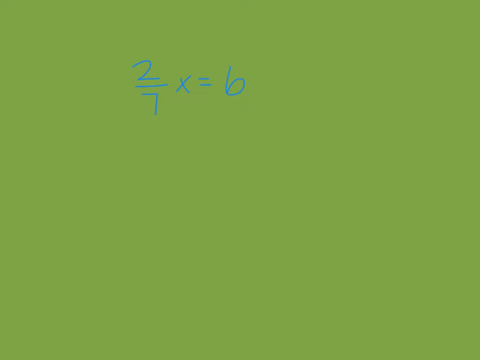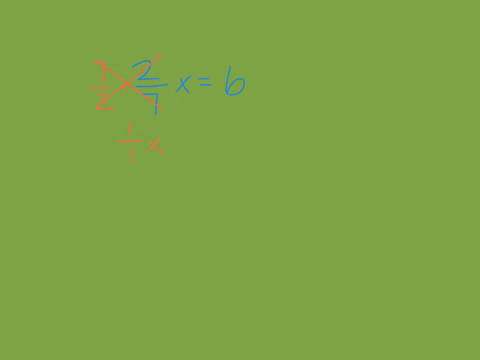If I multiply it by its reciprocal, I can get rid of it. So I'm going to start with 2/7. I am going to multiply it by 7/2. Do you see how that gets rid of each other by crossing them out? And it gives me 1 over 1.